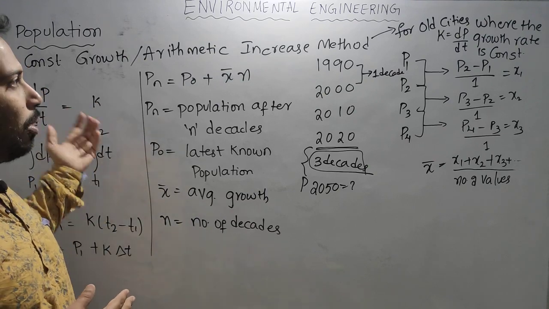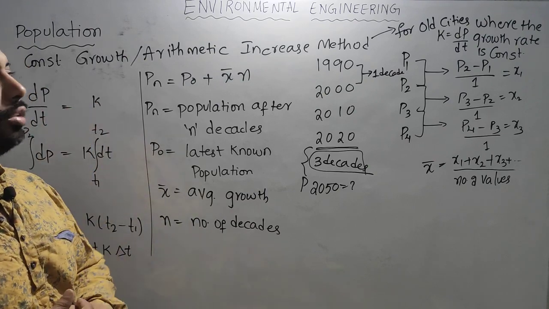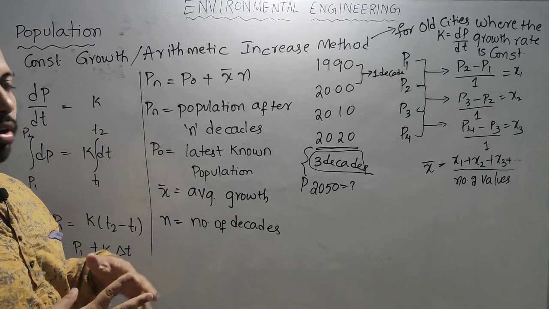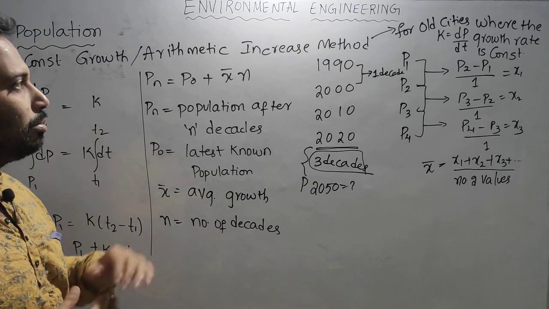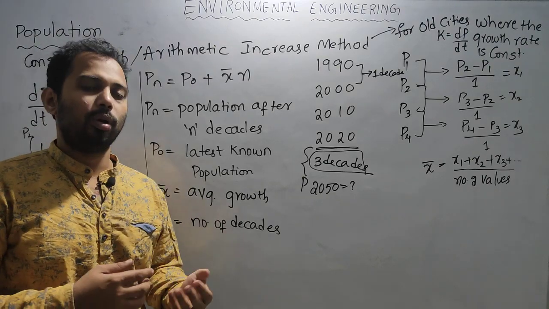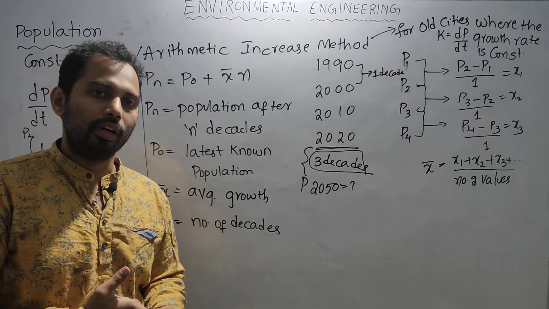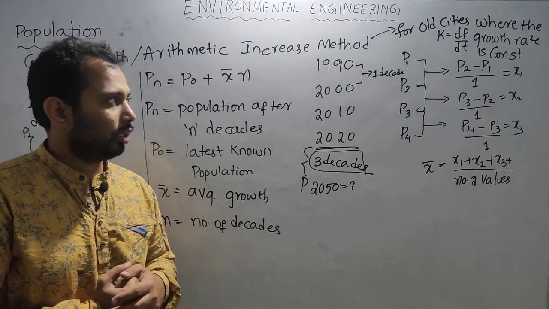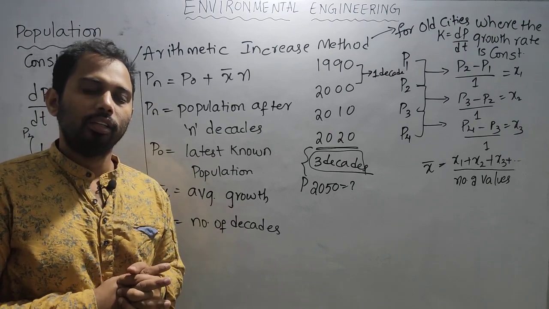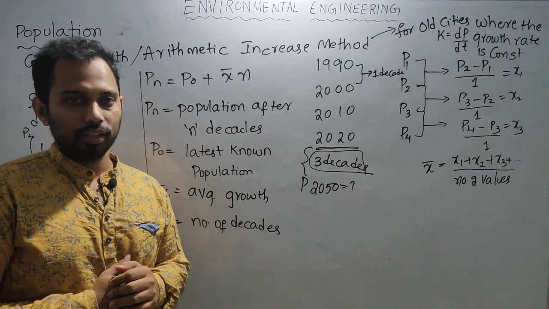For knowing the population under various conditions, one of the criteria we have discussed is the arithmetic increase method. In the coming lecture we are going to discuss the geometric increase method, incremental increase method, comparative graph method, simple graph method, all those things to forecast the population. So that we will discuss in the next session. Thank you so much.